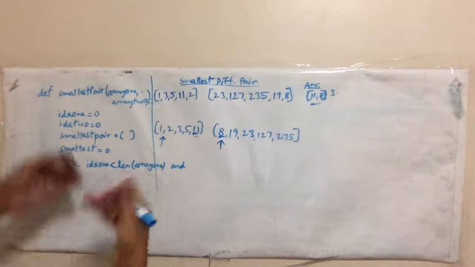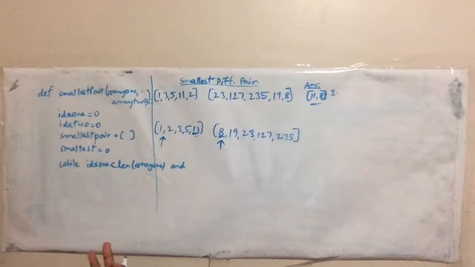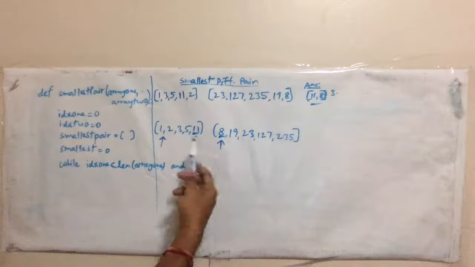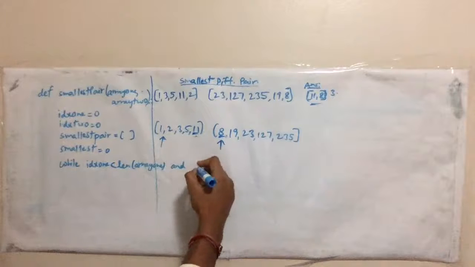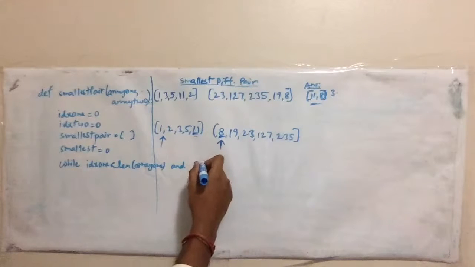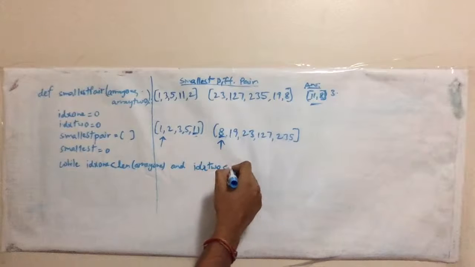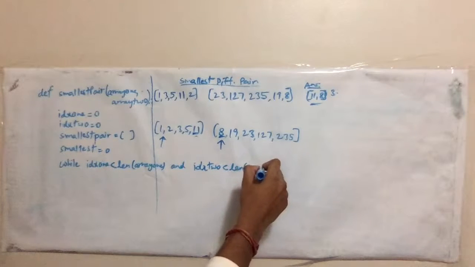While iterating we will update these pointers, and if the indexes cross the lengths, it shouldn't cross. So I'm just keeping that: index 2 less than the length of array 2.